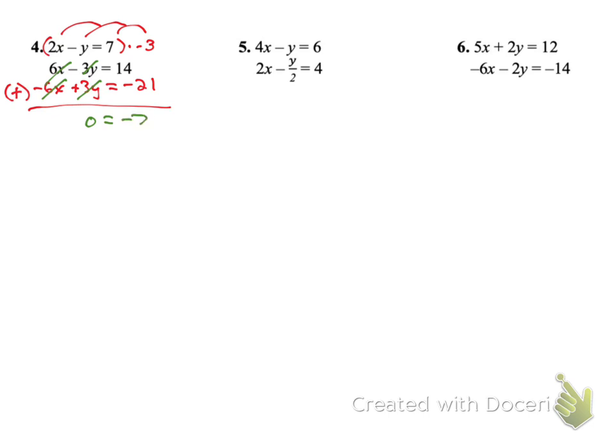I have 0 equals negative 7. Does 0 equal negative 7? It does not. So, no solution. So it's inconsistent, meaning what kind of lines are these? Parallel lines. Muy bien. Okay.